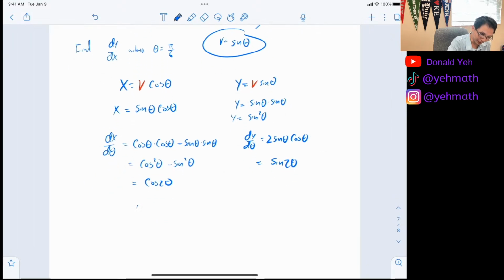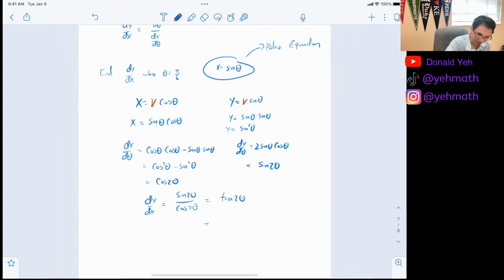But what is dy dx now? Well, that's just basically sine of 2 theta over cosine 2 theta, and that's equal to tangent 2 theta. So I can plug in pi over 6. Tangent of 2 times pi over 6 is tangent of pi over 3, which is square root 3.